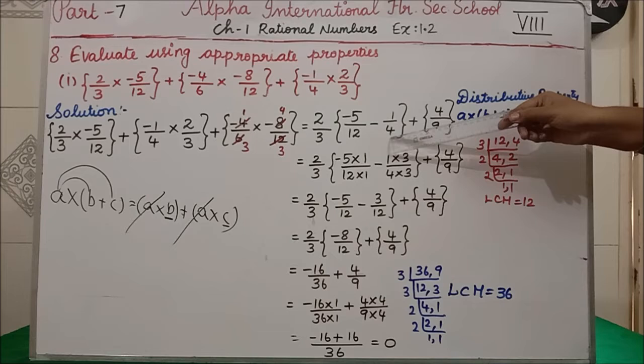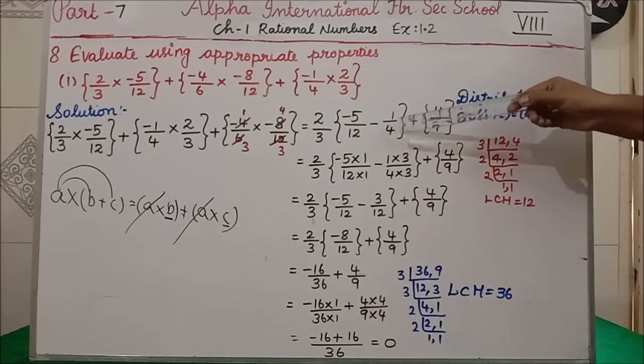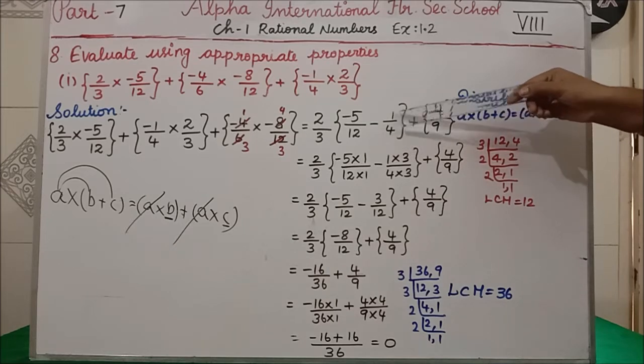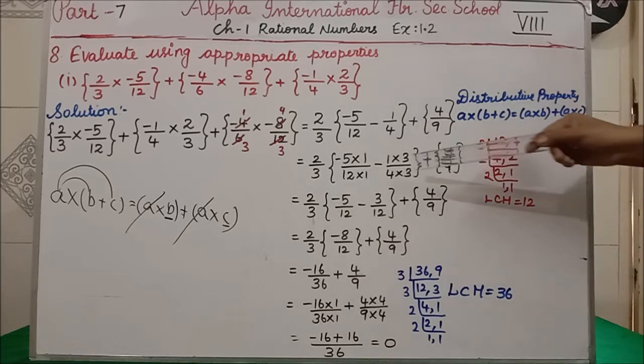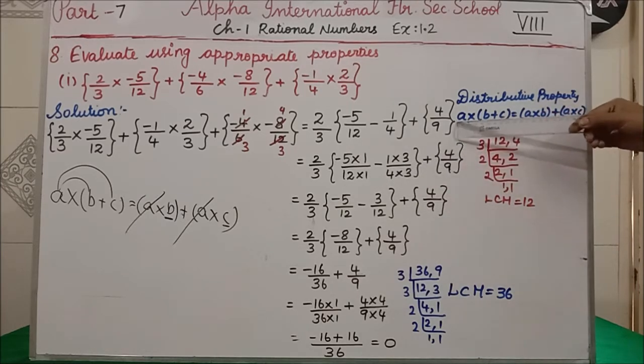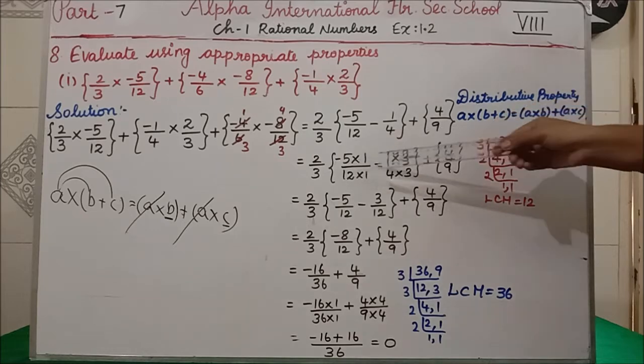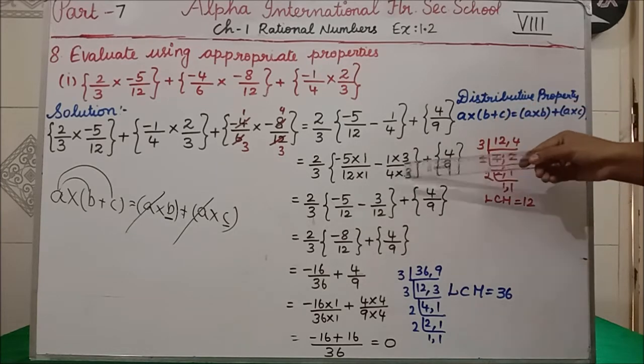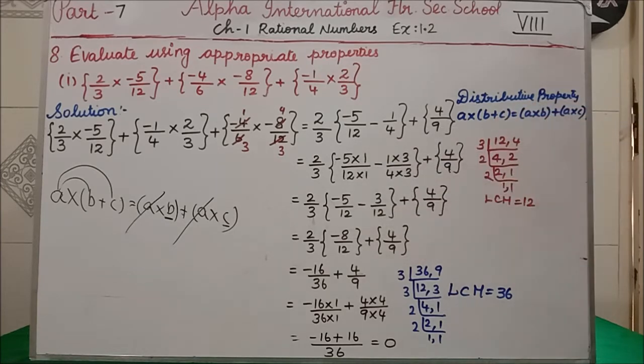So 4 if you multiply with 3, you will get 12. So multiply here also denominator and as well as to the numerator. 1 into 3 divided by 4 into 3. The last term 4 by 9 we are writing as such. Clear? Now you see 5 ones are 5 divided by 12. 1 3s are 3 divided by 12.